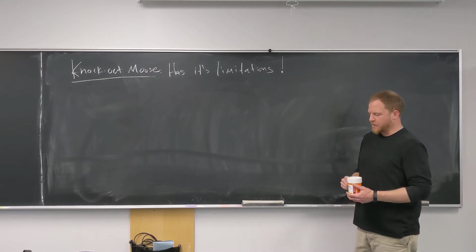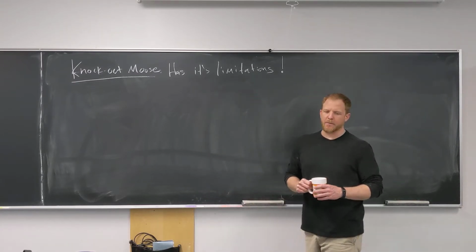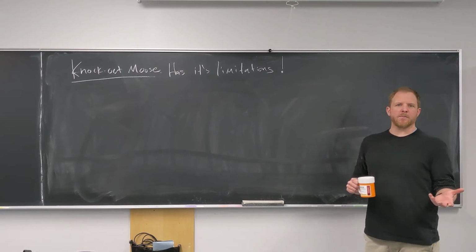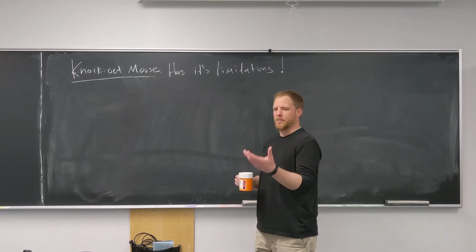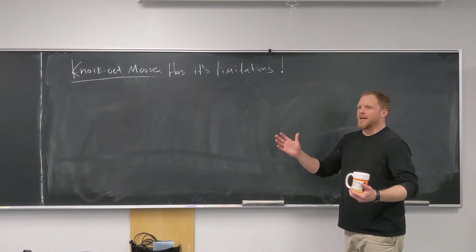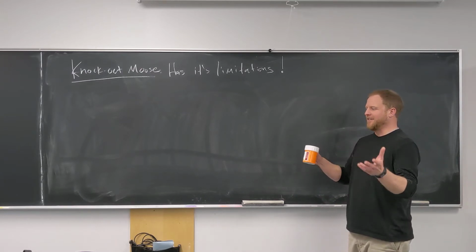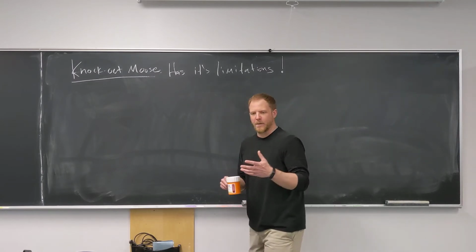But as I want to say a lot, if you ever see me in class again, you'll probably hear this 1,000 more times: there's no such thing as a perfect experiment. There's no such thing as a perfect technique, a perfect strategy, a perfect approach. I think there's some value in embracing that in the broader world as you make your way through it. There's never going to be a perfect answer.